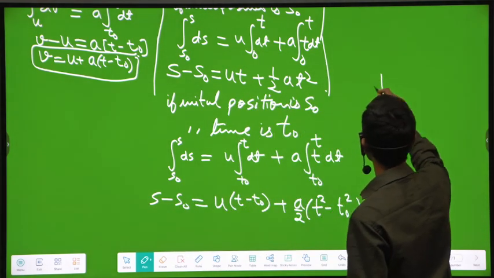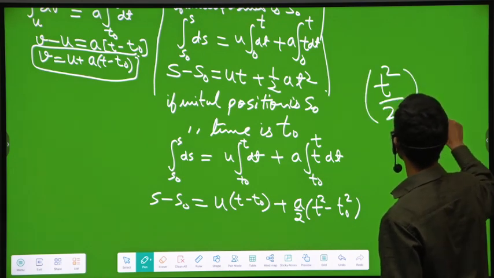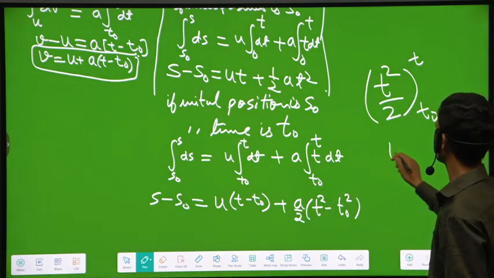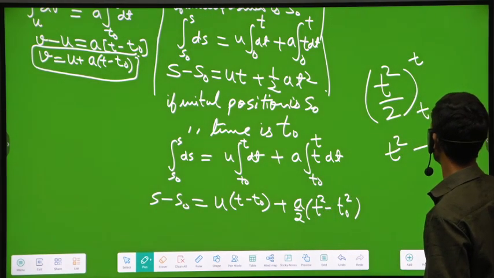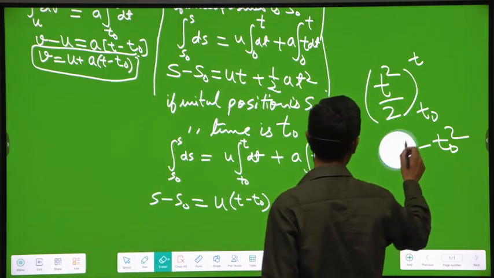Why is it so? Because the formula is t square by 2 and the limit of integration is t0 to t. The 2 will be taken outside, so it will be t square minus t0 square. This is how it is going to be modified.